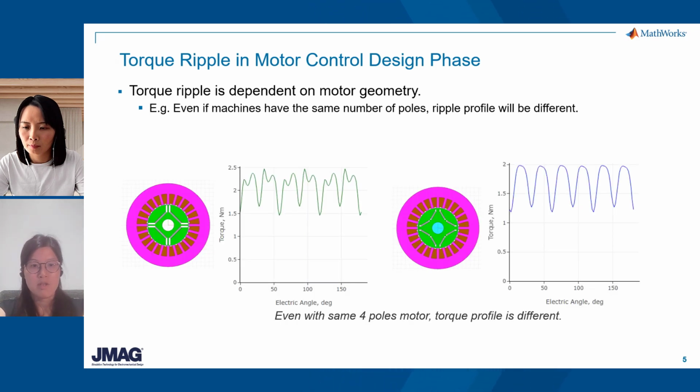Here I am showing two different motor geometries. These motors both have the same number of poles, 4. However, as you see, the torque ripples created by each motor are different. So just having that parameter of the motor doesn't help us understand what the torque ripple profile will be.